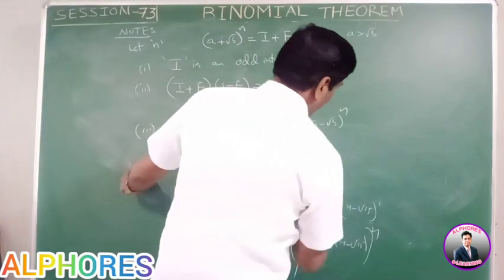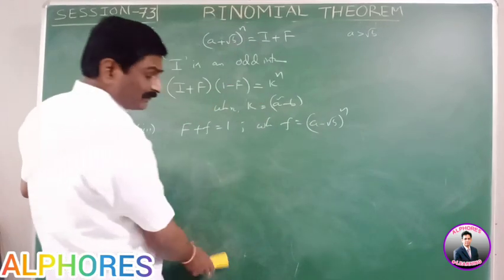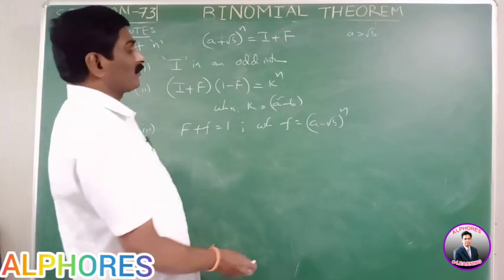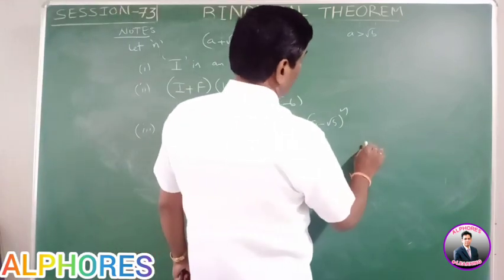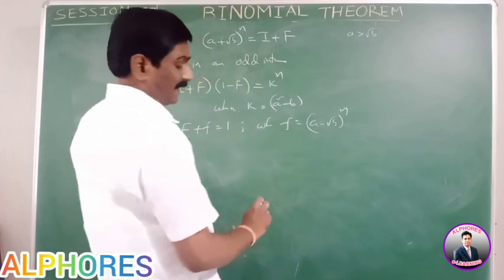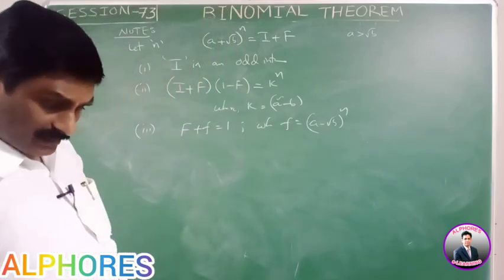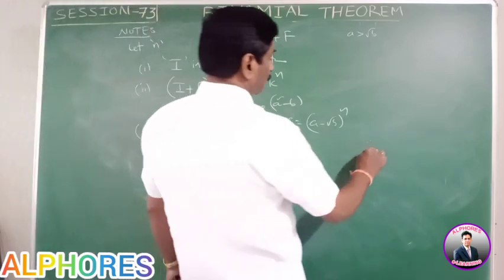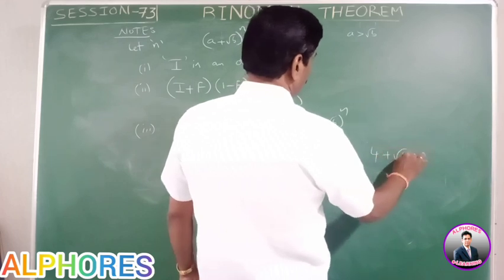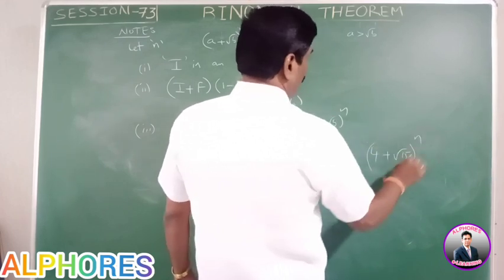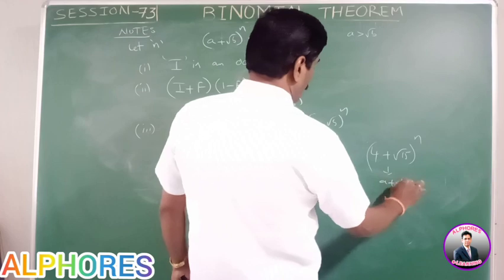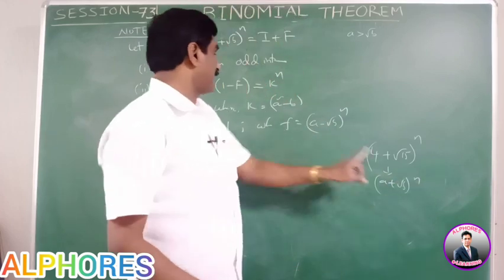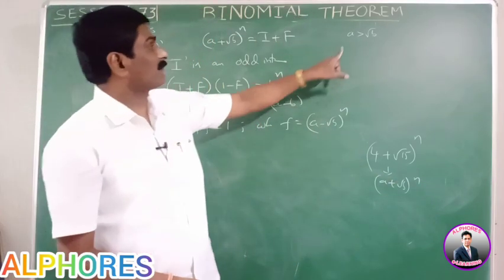By using these conditions, we can directly say the answer. Okay. In the given problem, what is the condition? The problem is (4 plus root 15) whole power n. It is in the form of (a plus root b) whole power n. Here a square minus b is greater than 0, a is greater than root b.